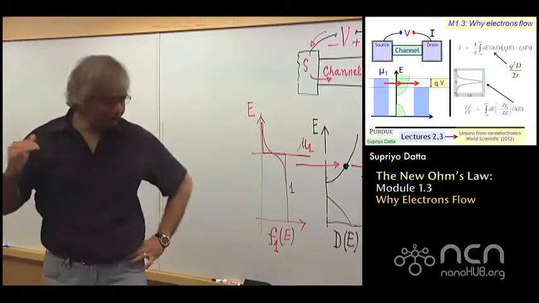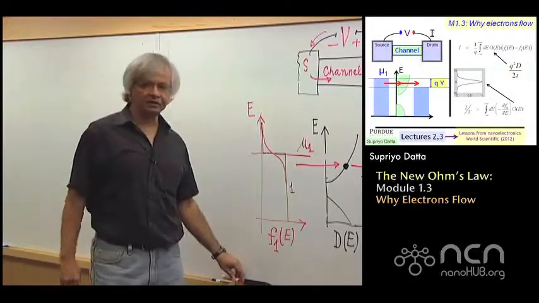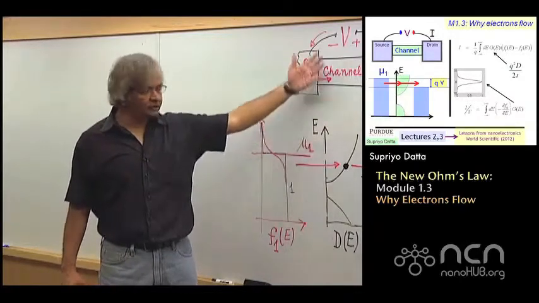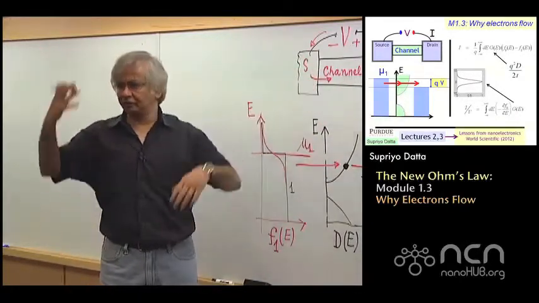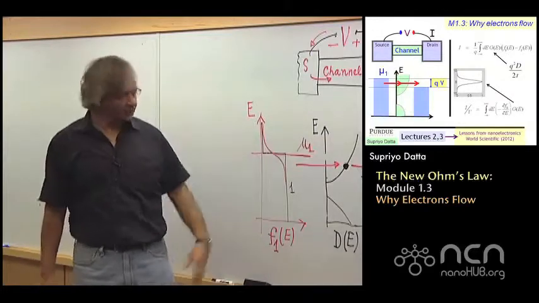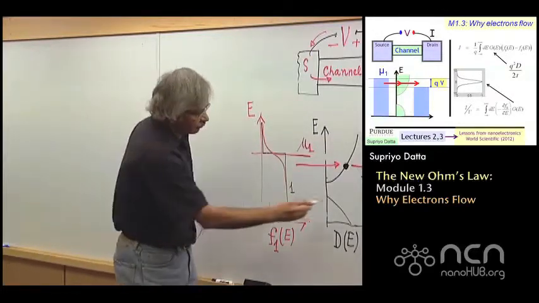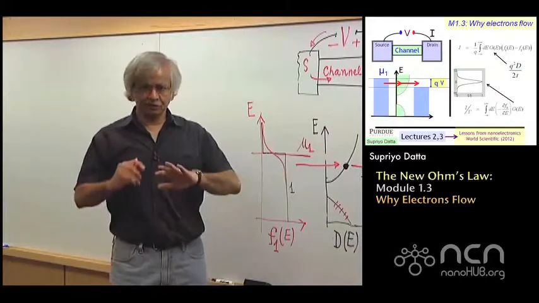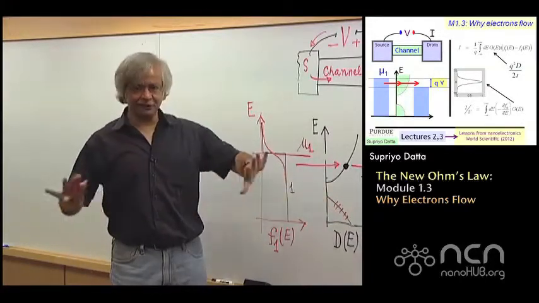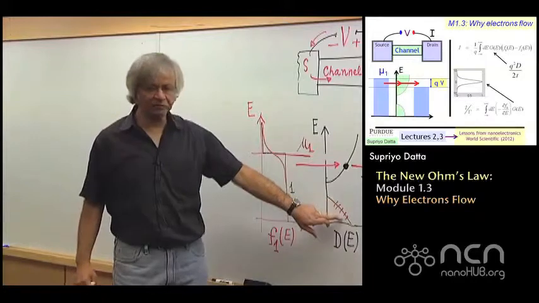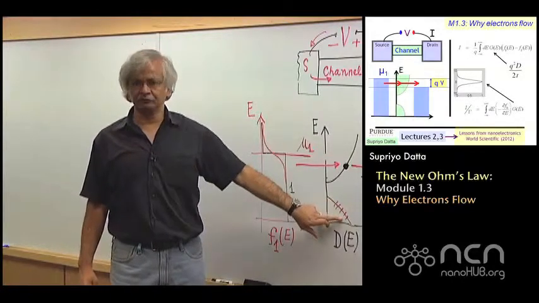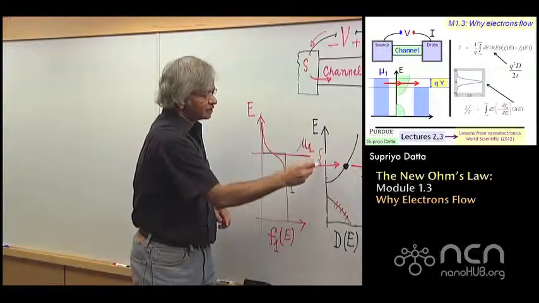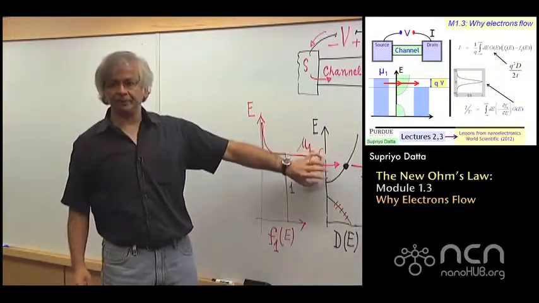But if you think from that point of view, it's really not very clear, because if there's a field, then all the electrons in the solid should be flowing, even the electrons that are down here, for example. But there is no doubt, and this is well accepted, that electrons down here don't contribute to current flow. What contributes to current flow is just the electrons in this range up here.